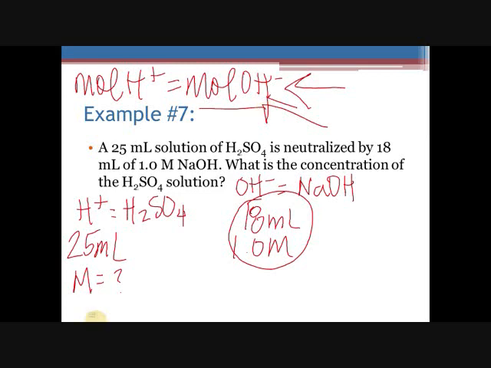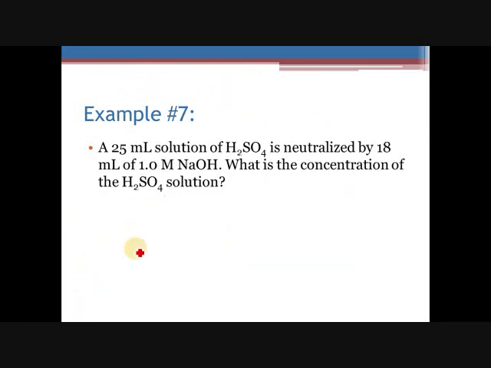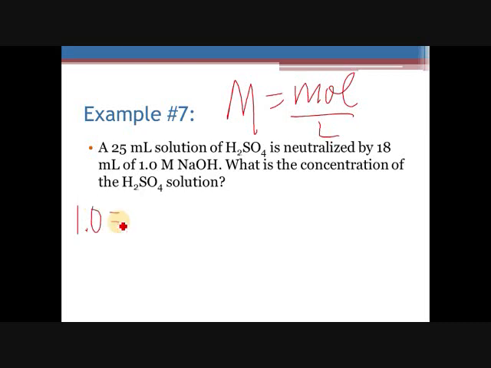Okay, so let me clear my screen so I have some room. Remember our molarity equals moles over liters equation from back in chapter 16? I'm going to plug in my information from the sodium hydroxide. The molarity was 1.0. I don't know the moles, so I'm going to put an X for moles. And I knew it was 18 milliliters, but I need to change that to liters, so it's going to be 0.018 liters.